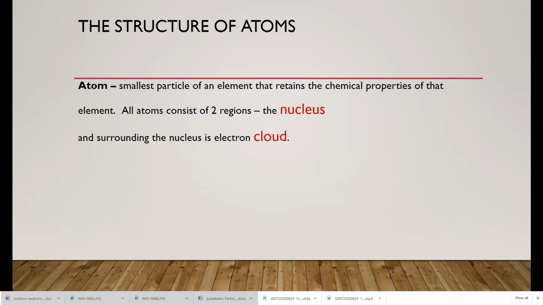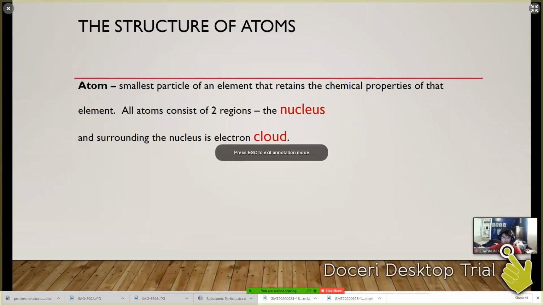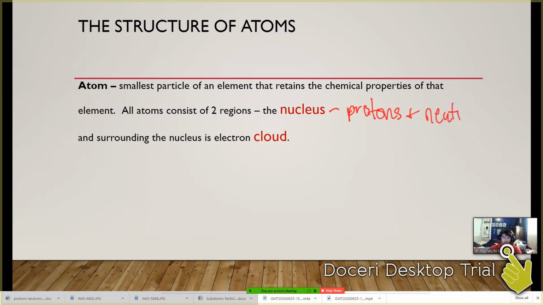And it contains the two regions, the nucleus and the electron cloud, which we talked about on Friday. Also, the nucleus has your protons and your neutrons. And that's where the mass of the atom is. And then the electron cloud obviously has your electrons. So that would be where the volume is.